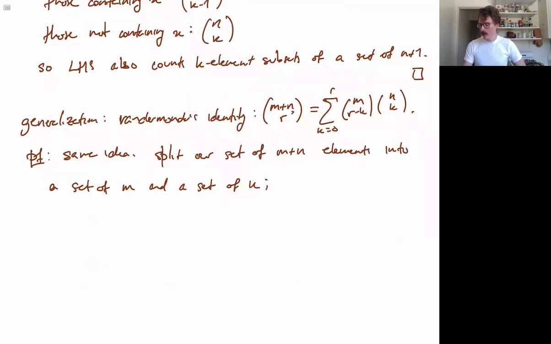And then how do we choose an r element subset from this set?